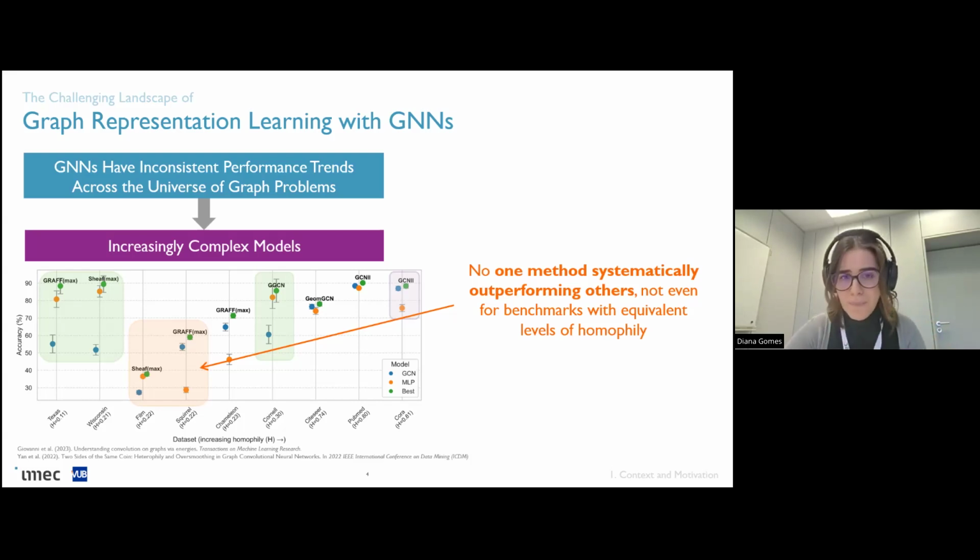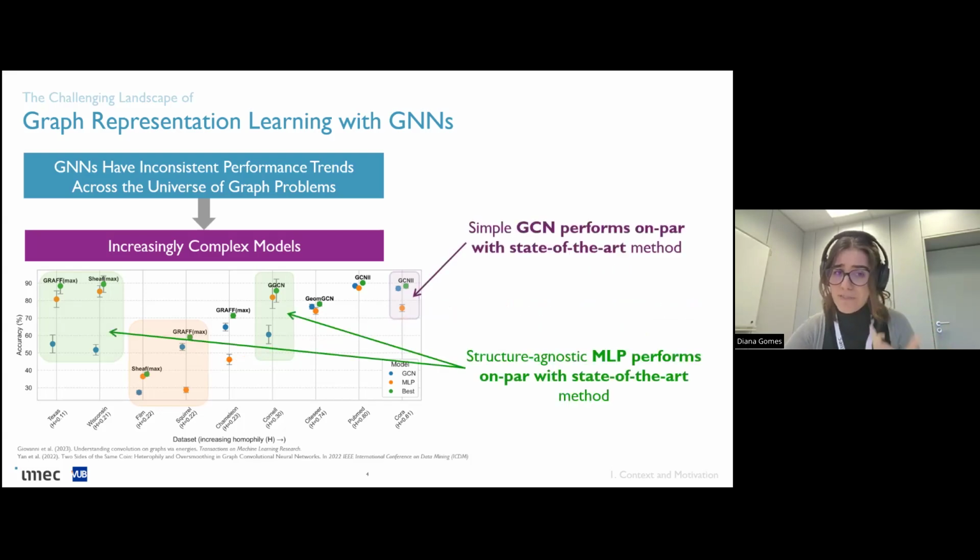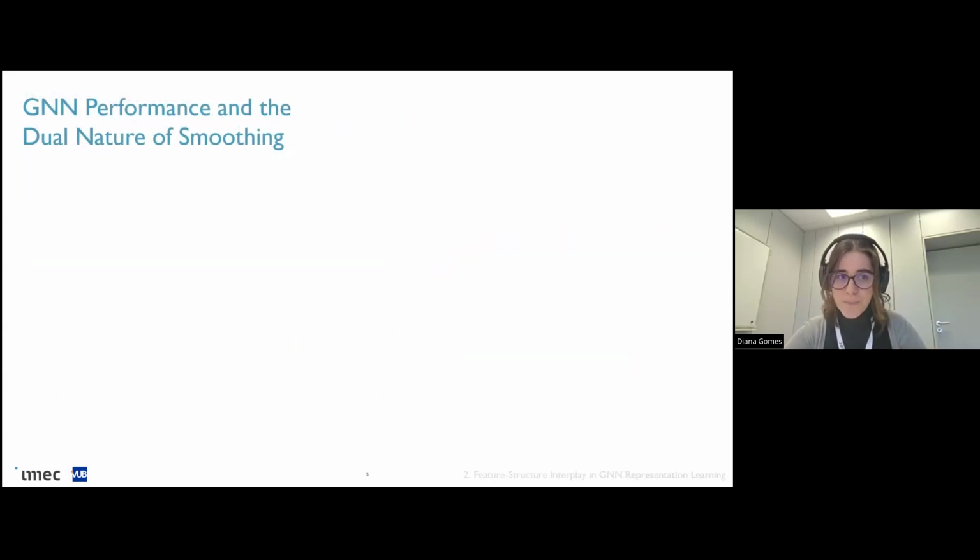And another even more striking pattern, at least for what I was interested, is that sometimes the simplest form of GCNs actually performs on par with the state-of-the-art methods. And sometimes this structure agnostic MLP even performs on par with state-of-the-art methods. And so I was interested in seeing what is going on here.